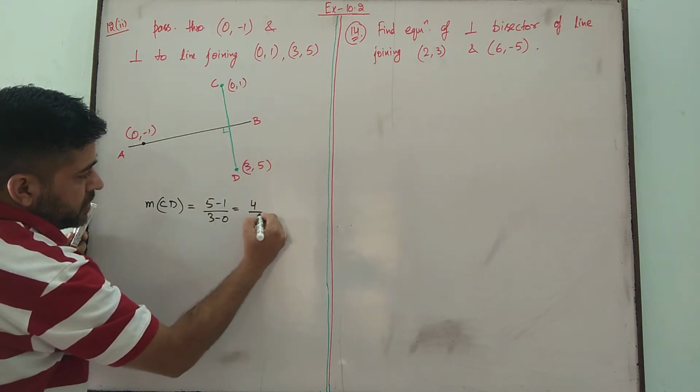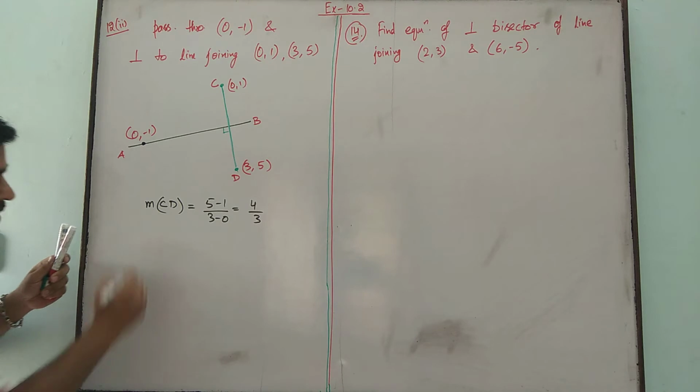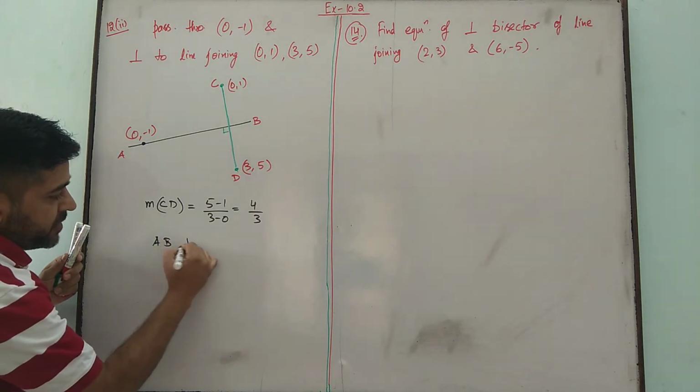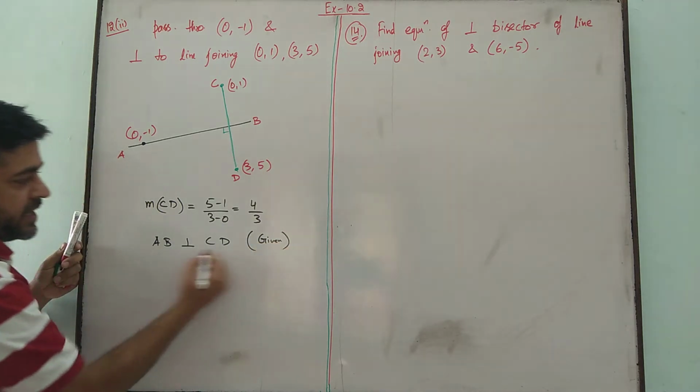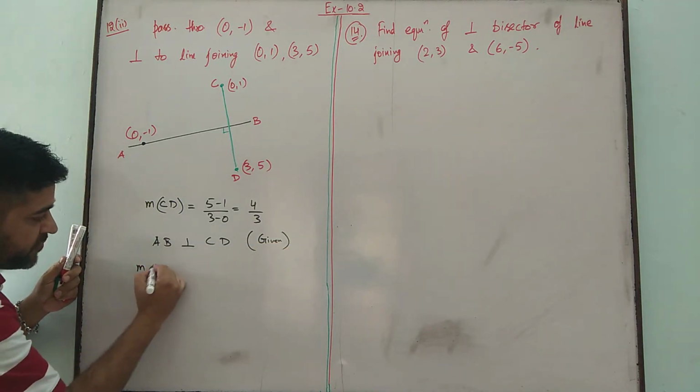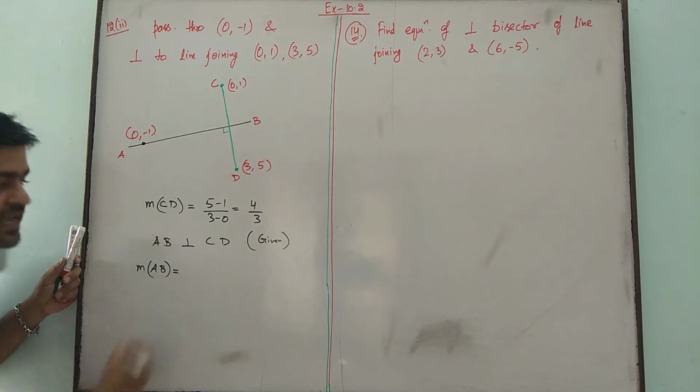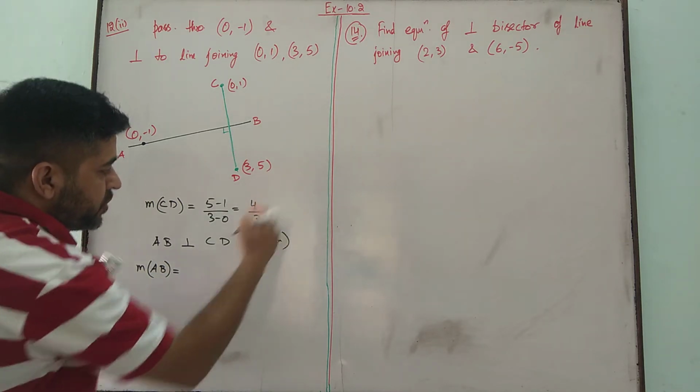So we got 4 by 3. Now AB is given perpendicular to CD. So the slope of AB, so slope of perpendicular lines we know is what? Reciprocal and negative.